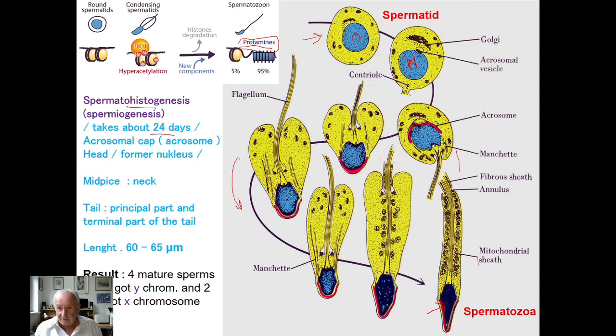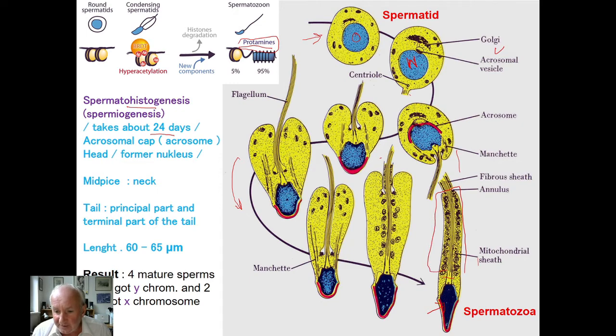You see here the Golgi apparatus. Yes, the Golgi apparatus is starting to accumulate on the surface of the head, forming the acrosomal cap, with many interesting hydrolytic enzymes. Then is the neck, and then the middle piece of the spermatozoa.